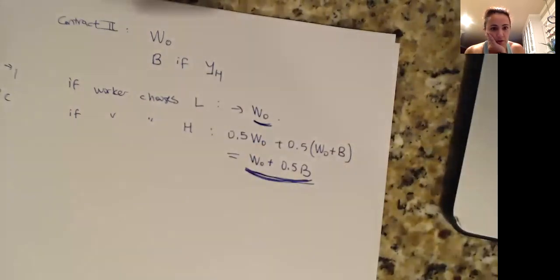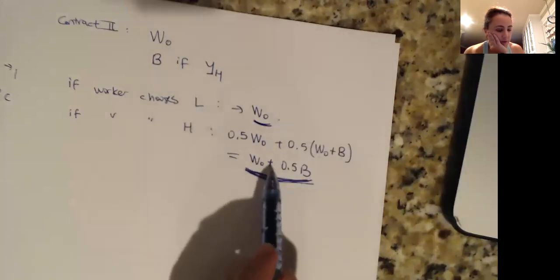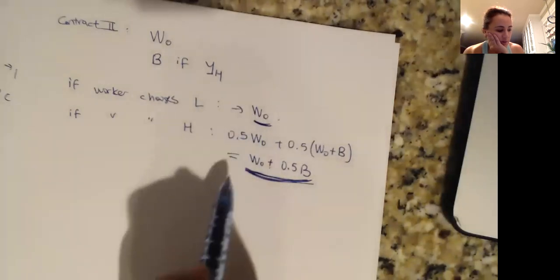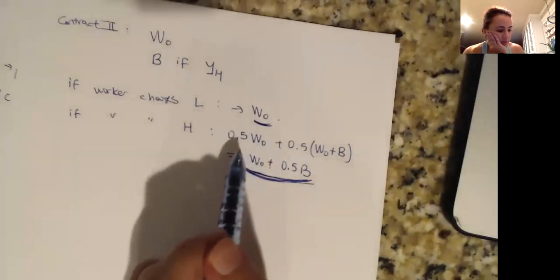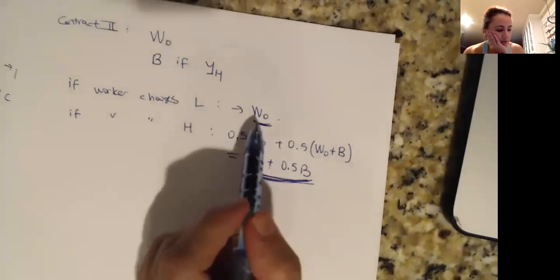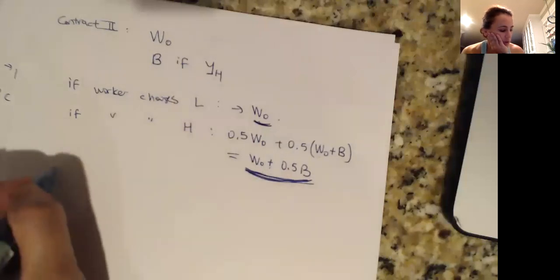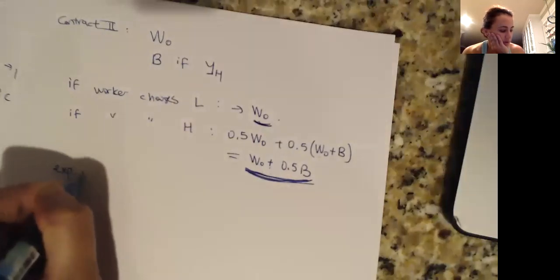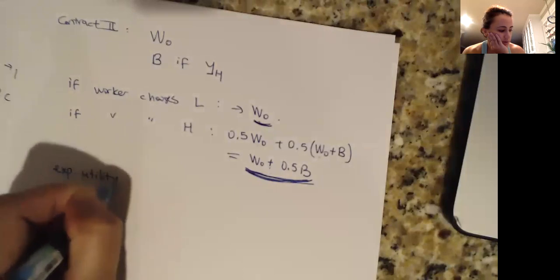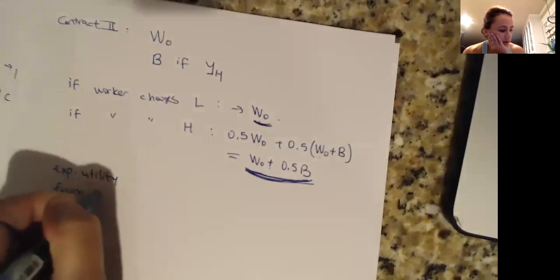Now, the person is willing to show high effort if and only if this number is bigger than this number. What is the expected utility from high effort?